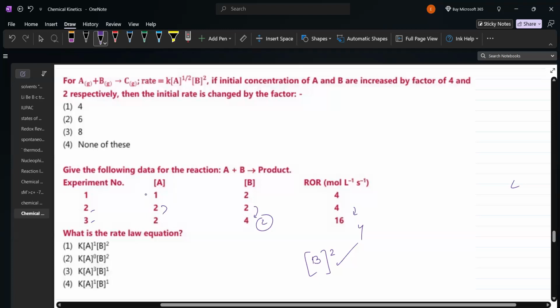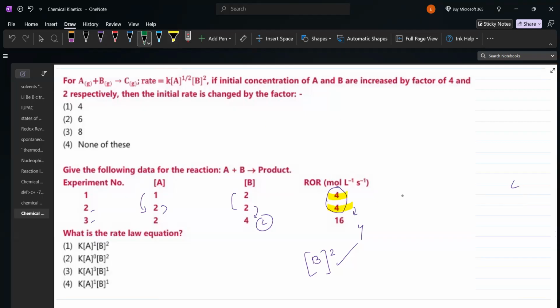When B is the same and we are changing the concentration of A from 1 to 2, the rate of reaction didn't change. It was already 4, and after changing also it was 4. So what do you think with respect to A? What should be the order of the reaction?